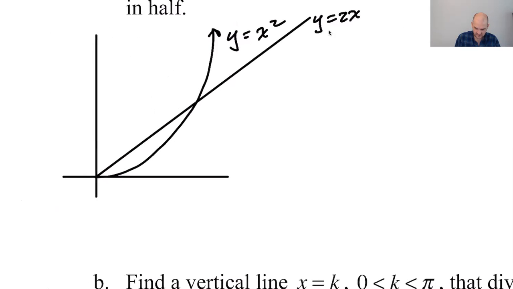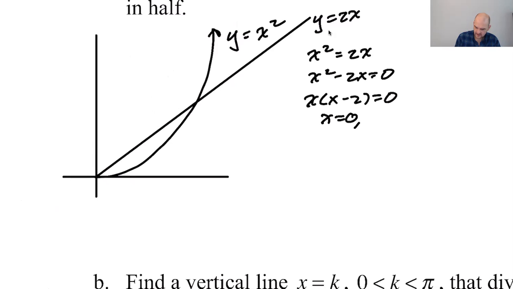So we want to take this region. They intersect at x squared minus 2x equals 0, x times (x minus 2) equals 0, so x equals 0 and x equals 2. If you've got to do the math, you've got to do the math.